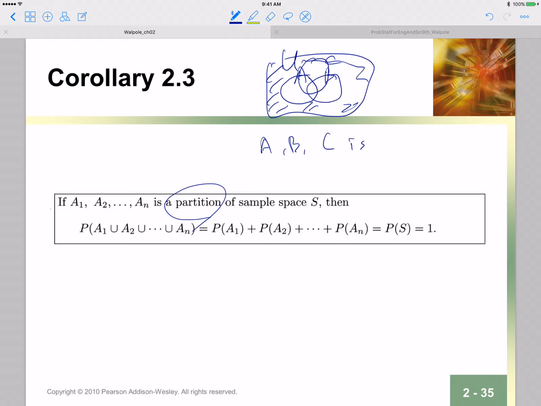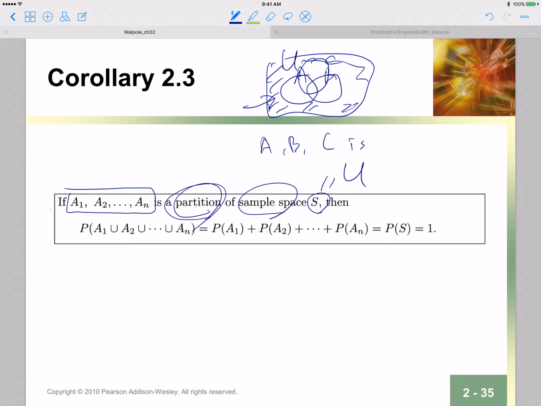And also, if A1 through AN is a partition of sample space S, which is our universe or entire set, and then if we consider their union, those unions should cover the entire space U, okay? So there should be no space like this.